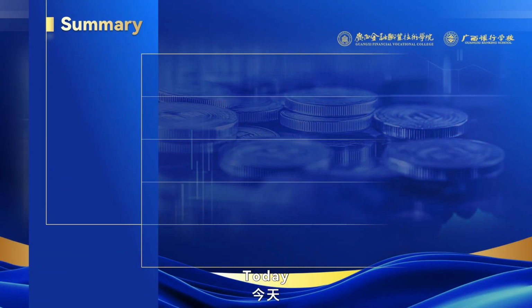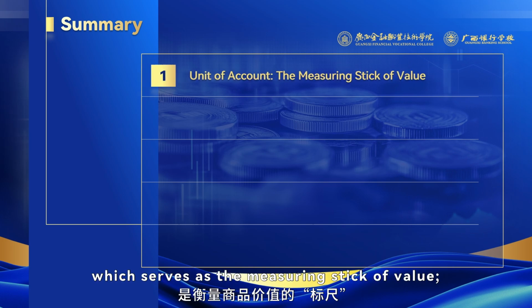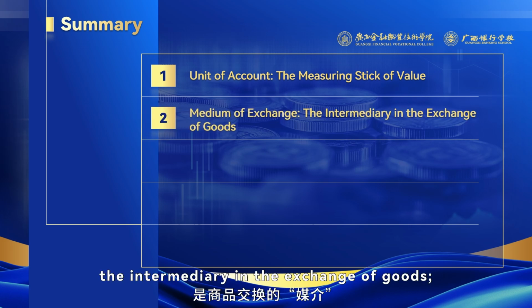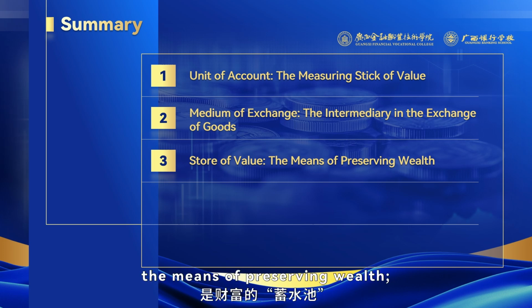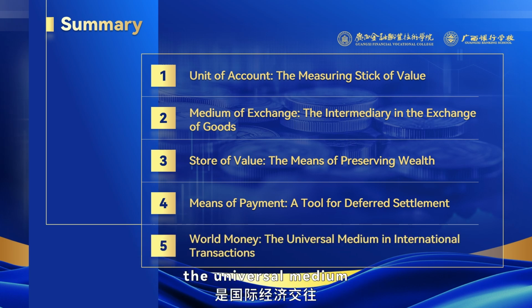Summary. Today we covered the 5 major functions of money: the unit of account, the measuring stick of value; the medium of exchange, the intermediary in the exchange of goods; the store of value, the means of preserving wealth; means of payment, a tool for deferred settlement; and world money, the universal medium in international economic transactions.